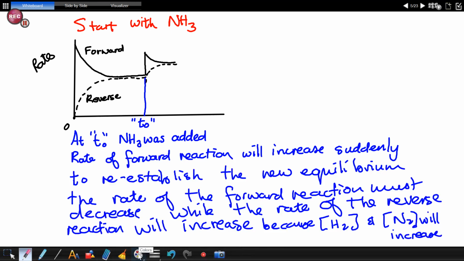So a change is induced: the forward reaction will speed up suddenly by adding ammonia. The reverse reaction will speed up gradually in order to reach a new equilibrium at a higher rate.